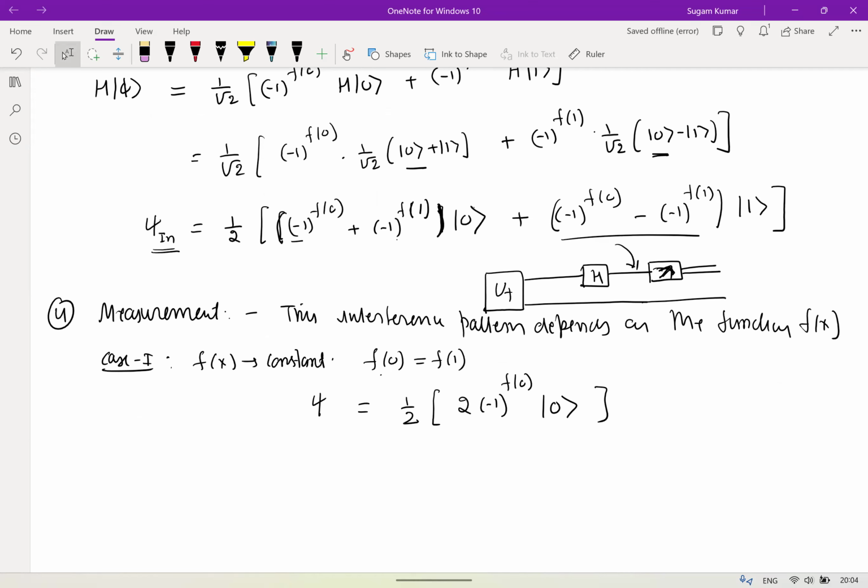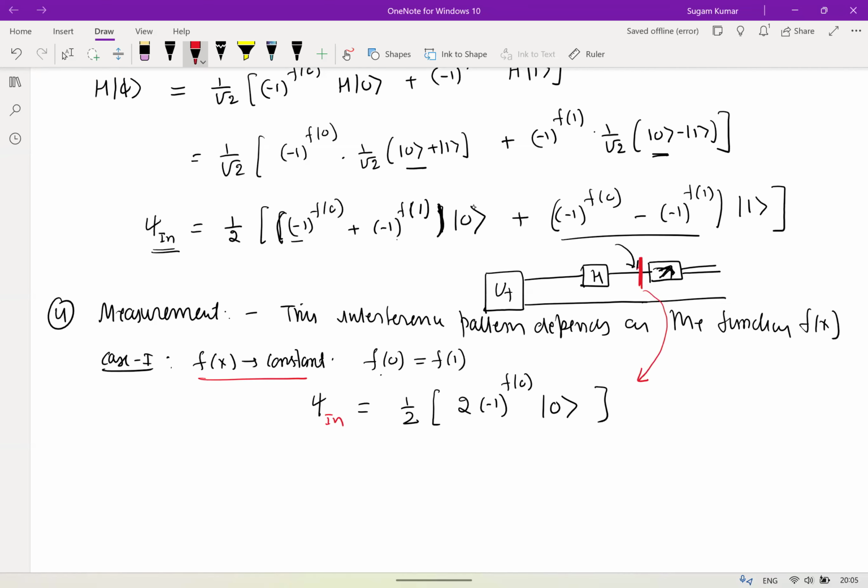So in the first case, you can see that the second possibility is gone completely. In general, this is written like this, but here at this location, if the function is constant, then this psi in is going to look like this.